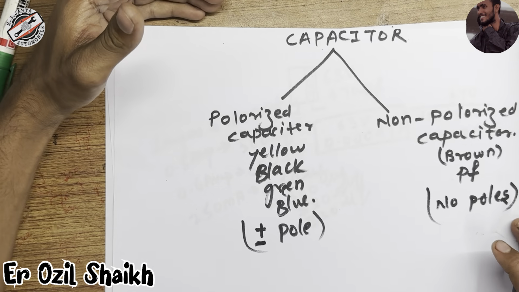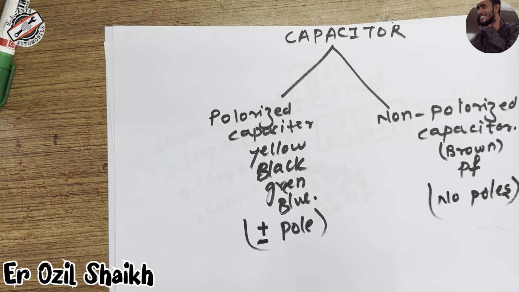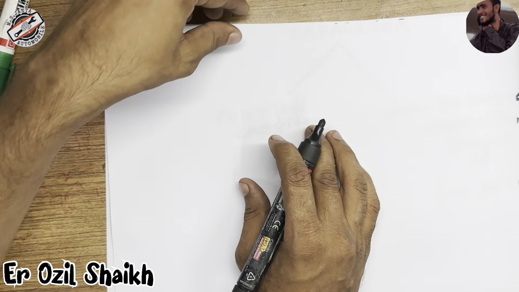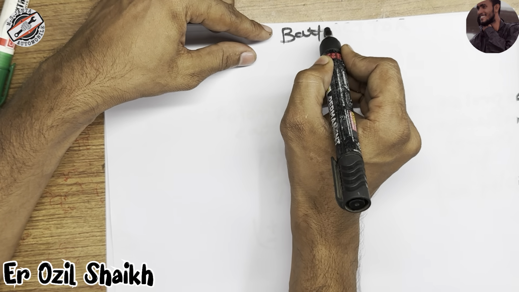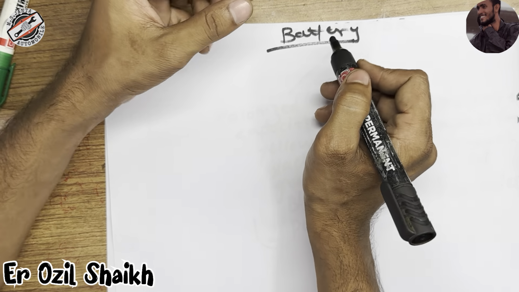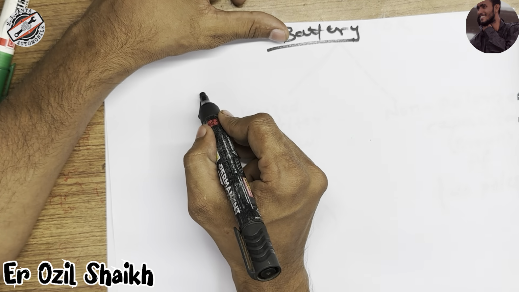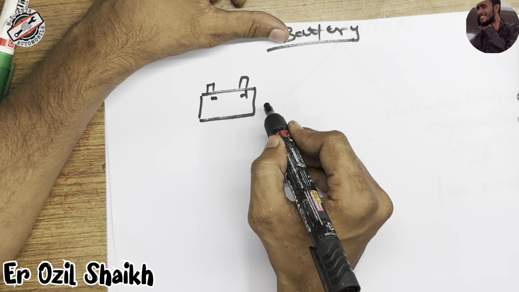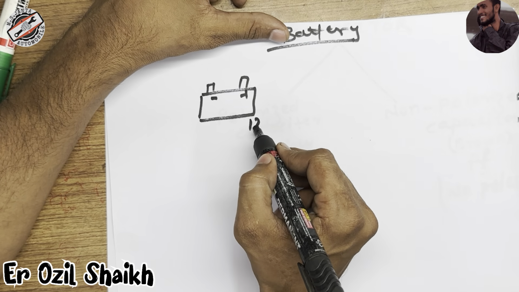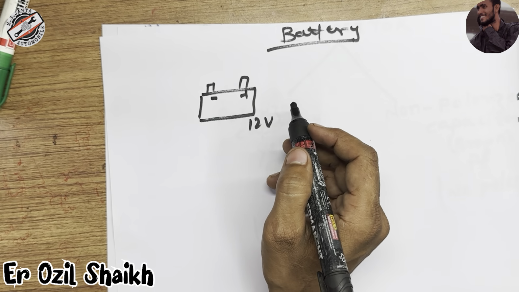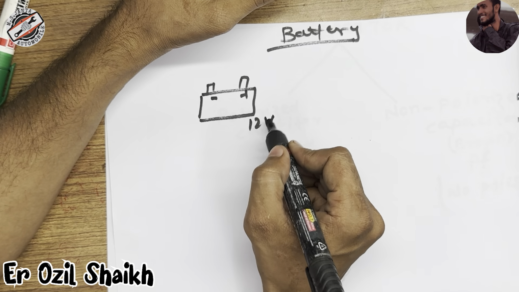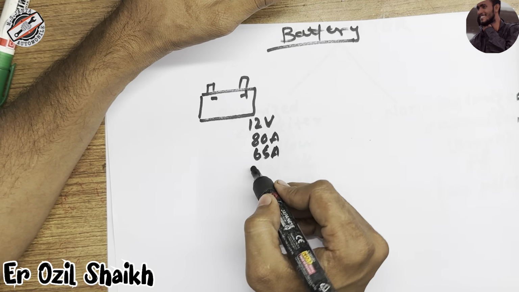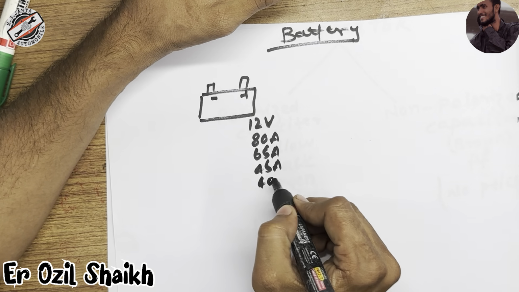One more important thing: where do I use the capacitor? Before explaining the capacitor, we have to know about the battery. We see a battery in every car. The battery looks like this: this is the positive and this is the negative. The battery is 12 volt, and the 12 volt will be constant, but the ampere can be 80, 65, 45, or 40 ampere.